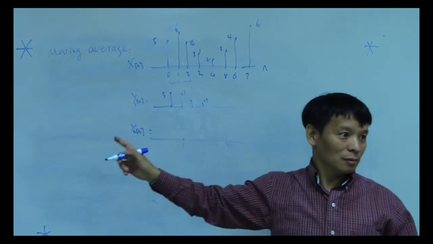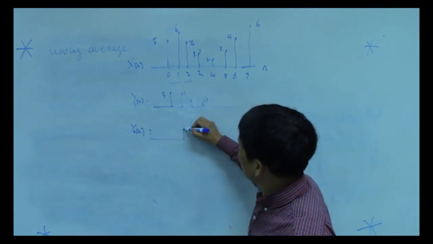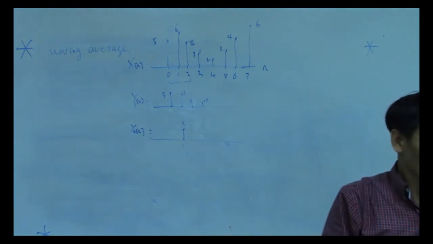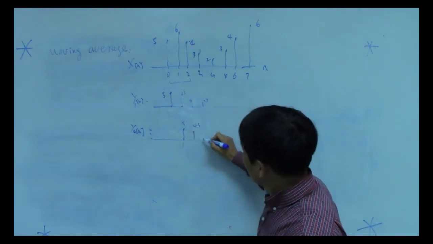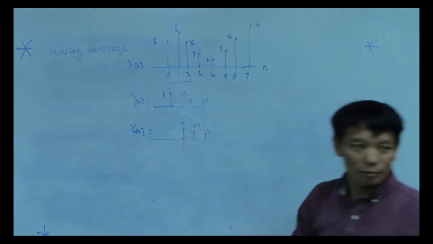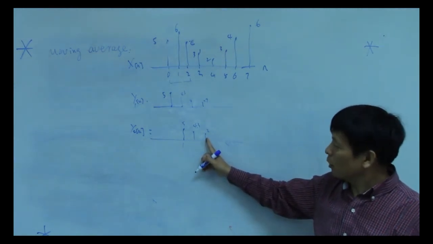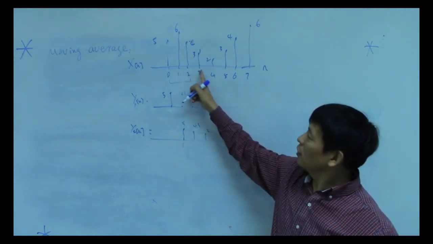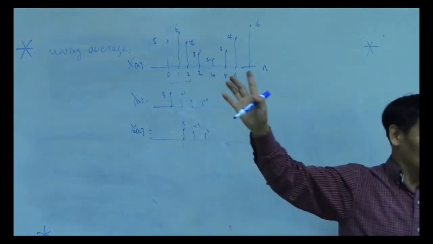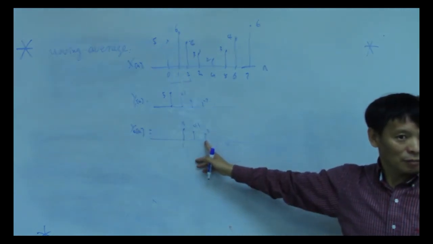I can do that, right? So this output here equals 5. And this output here will be 4.3. This output here will be 3. So when I calculate the output at this point, I will use this value, the one before that, the one after that, and the present time. So these 3 add up together, divided by 3 gives us a value here.